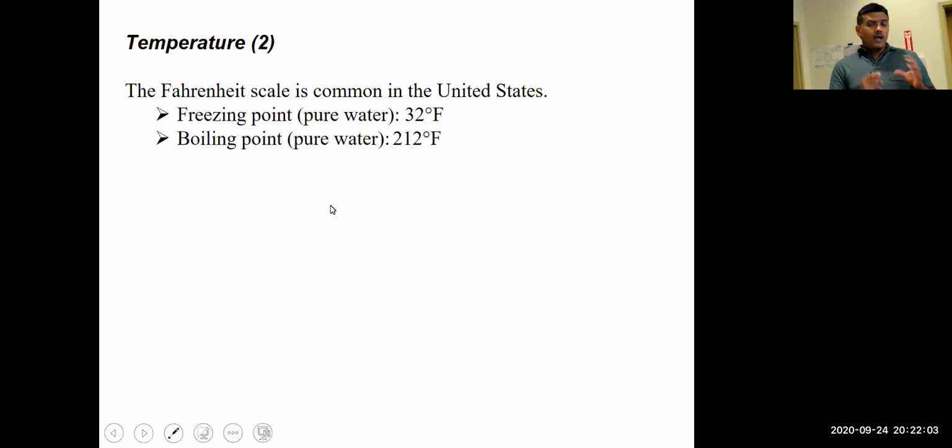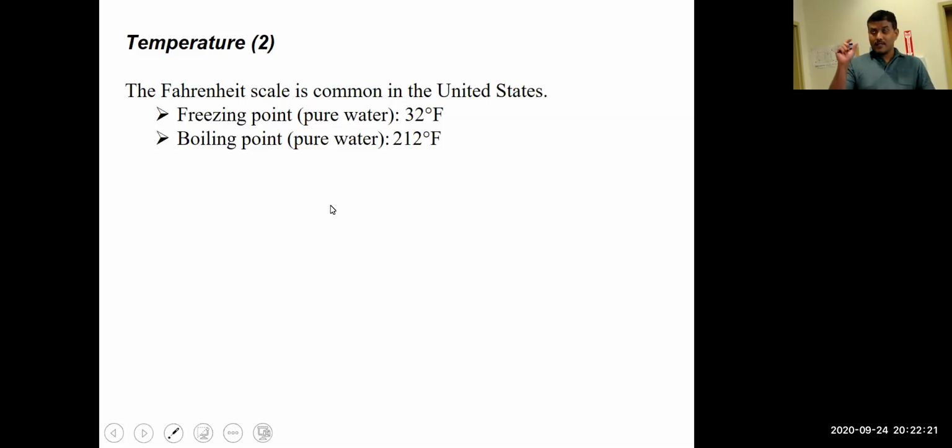We already discussed that water freezes at 0 degrees Celsius and it boils at 100 degrees Celsius. And we know that here in the USA, water freezes at 32 degrees Fahrenheit and water boils at 212 degrees Fahrenheit.